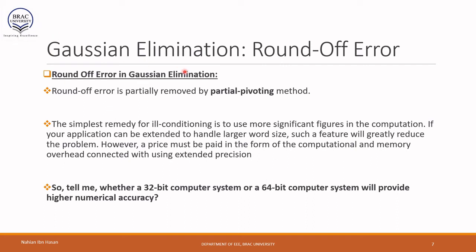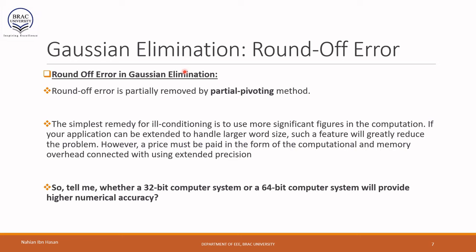So the first two problems of the naive Gaussian elimination, which are the zero pivot element or small pivot element and the round-off errors, those have been solved by using pivoting, partial pivoting. So partial pivoting also reduces the round-off error.